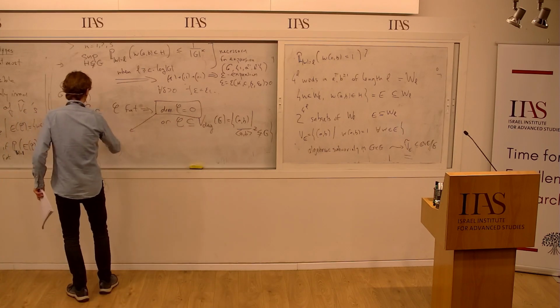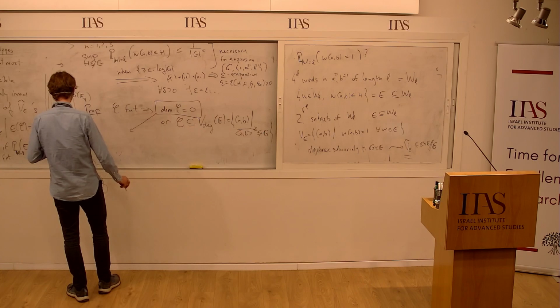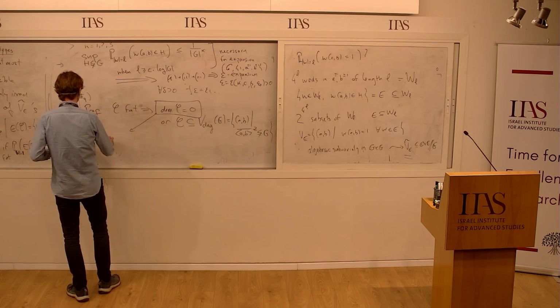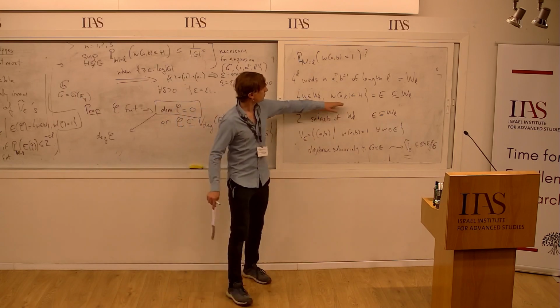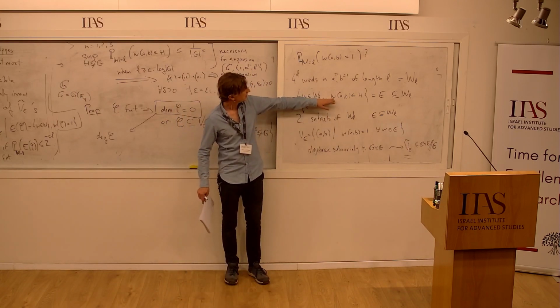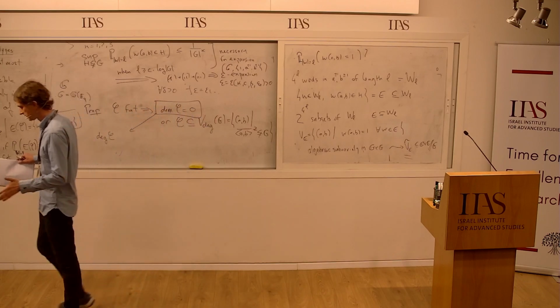So C here will have dimension 0, but what's happening is that the degree of C, so C is a component of a VE, and VE is defined by equations which are word equations.